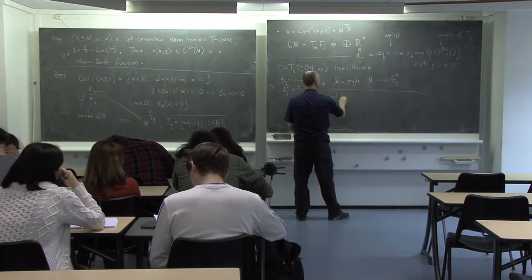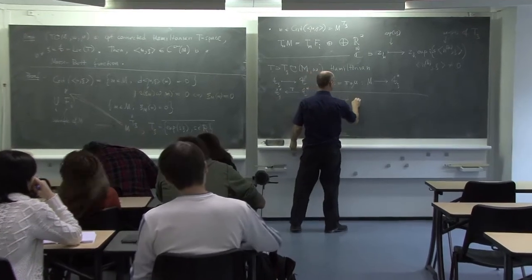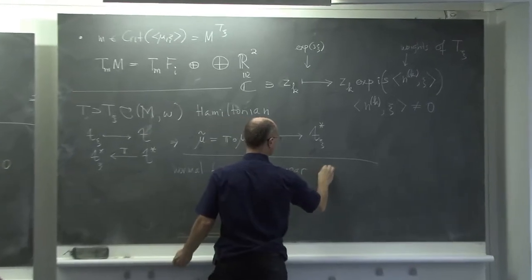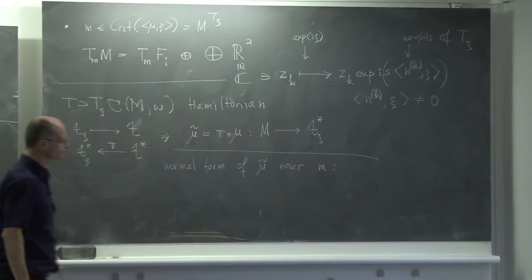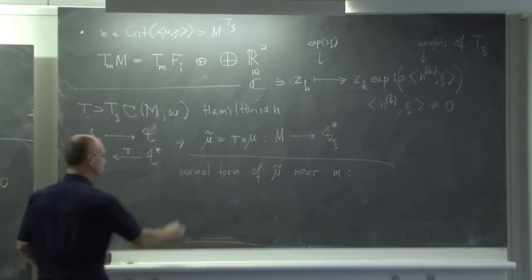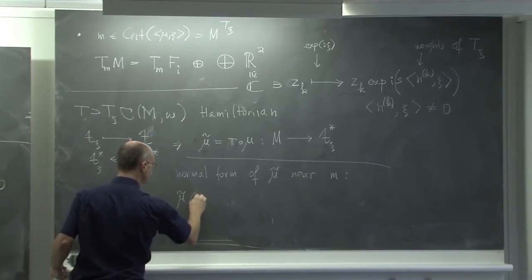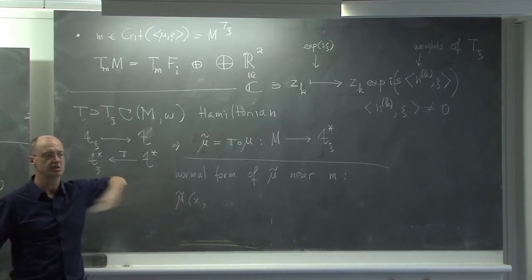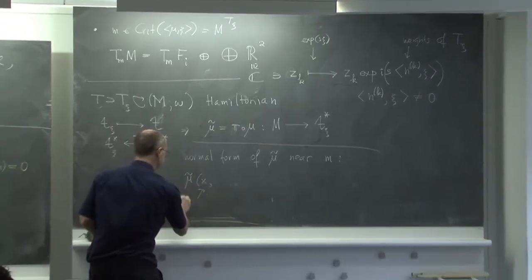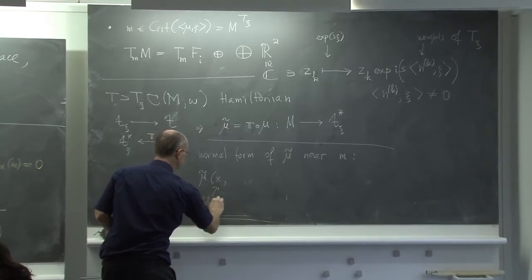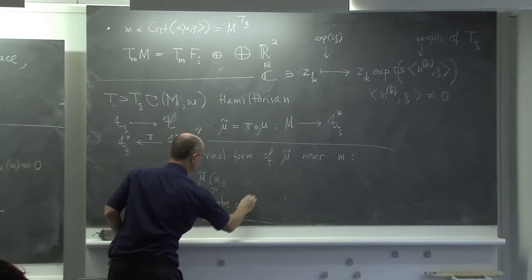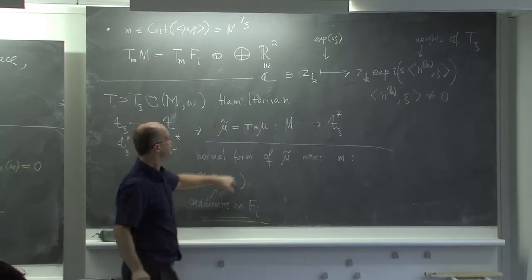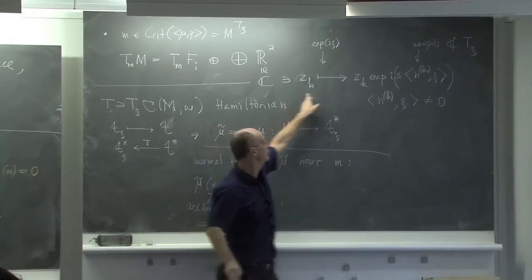So a normal form near M. Remember, we looked at those normal forms, and there are those spectator coordinates along the critical set, and then there are those z coordinates.